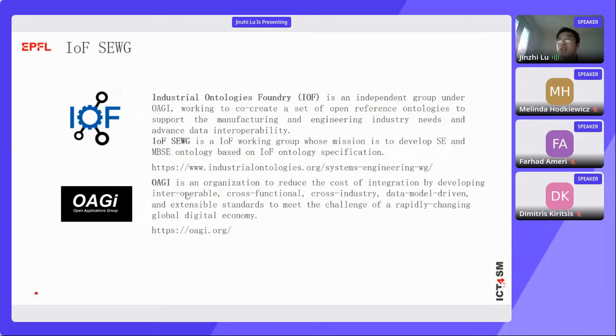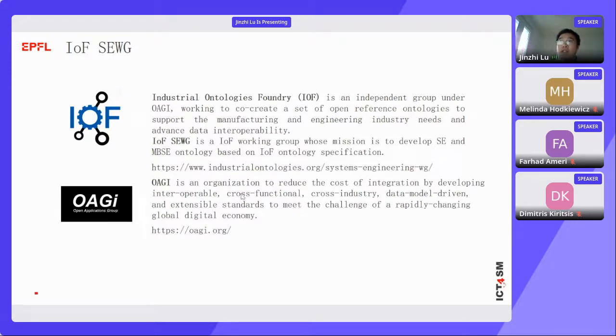OAGi is an organization that reduces the cost of integration by developing interoperable, cross-functional, cross-industry, model-driven data standards. It is also an open applications group for developing different industrial specifications.